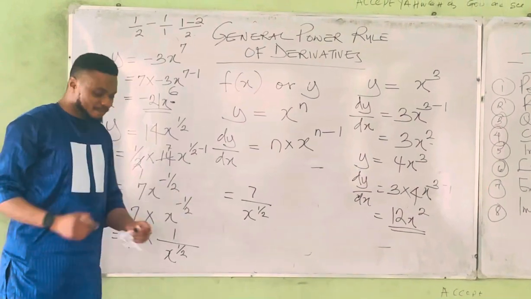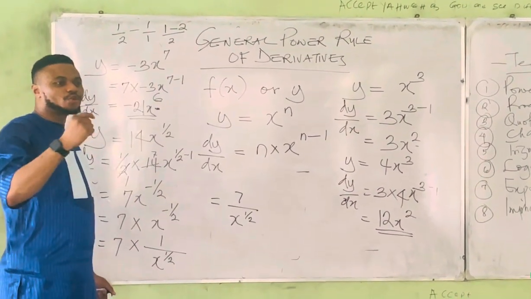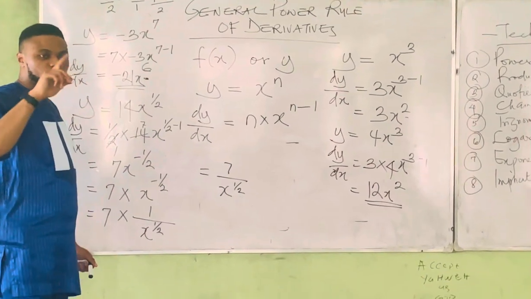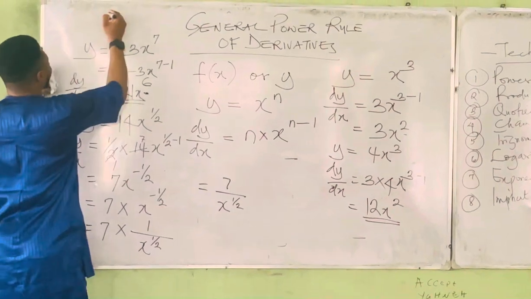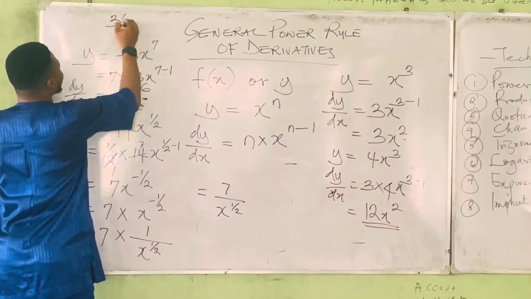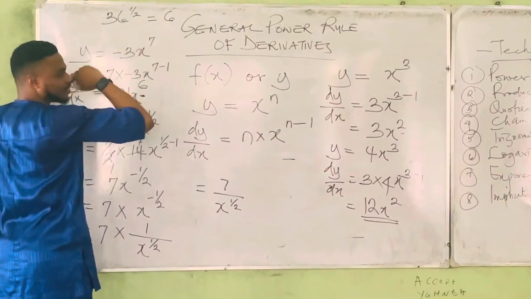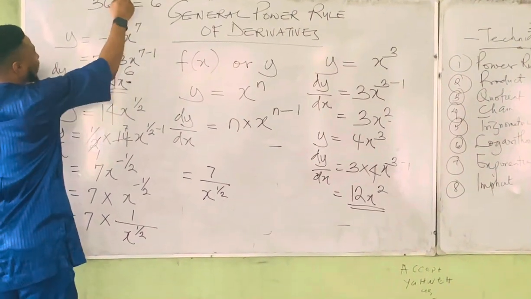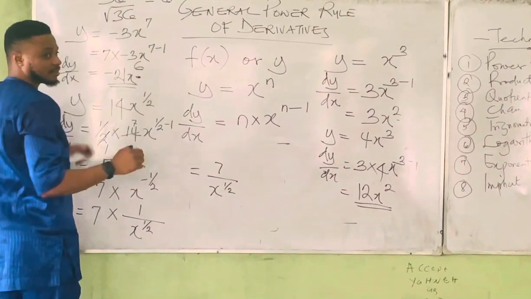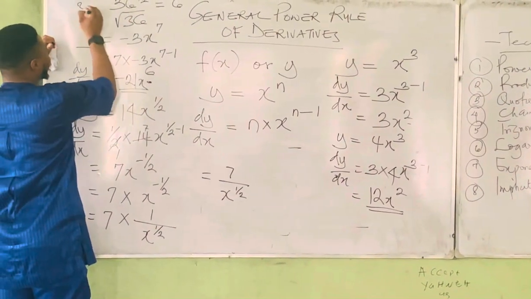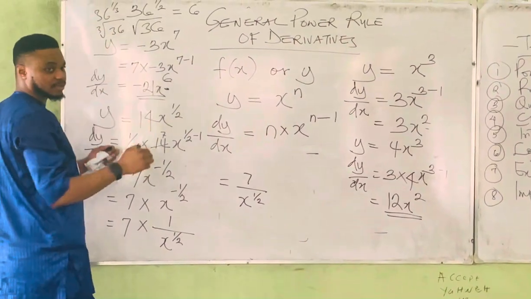Now, whenever you have a variable or a constant raised to power half, it is the square root. If you have, let's say, 36 raised to power 1 over 2, the answer is 6. How? 36 raised to power 1 over 2 is the square root of 36. If we have 36 raised to power 1 over 3, it is the cube root of 36.